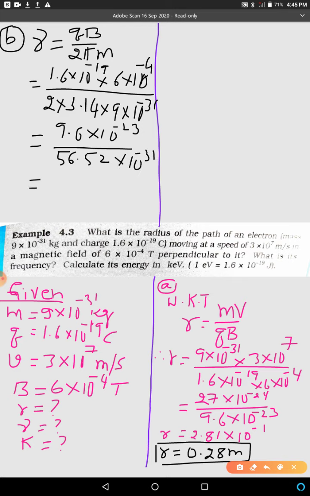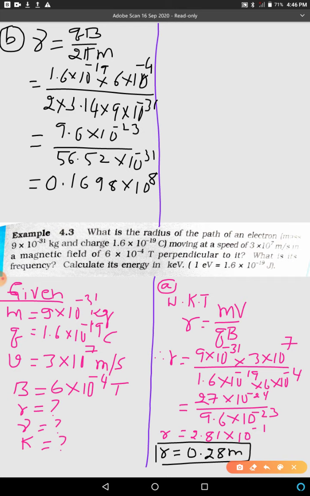So that will be equal to 9.6 divided by 56.52. It will be 0.169, or here make it 0.17. It gives 0.698 into 10 power of, so minus 31 in the denominator becomes plus 31, plus 31 minus 23 will be plus 8.